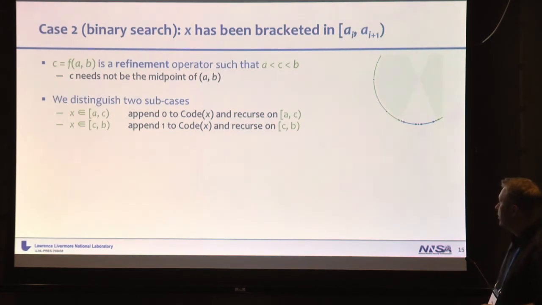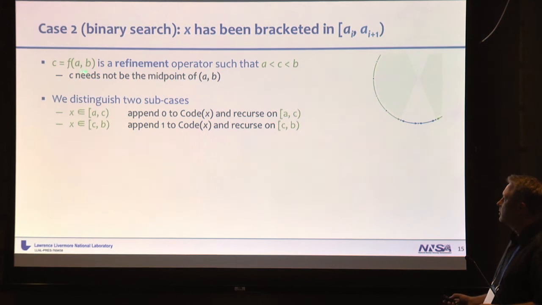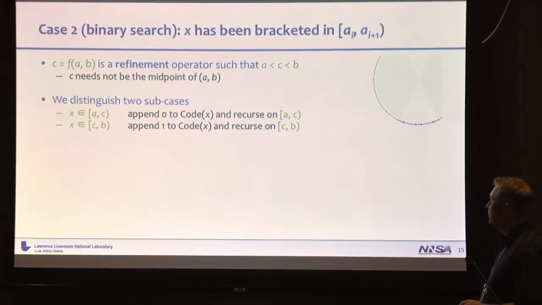In the second case, where we're in this green region, we have a refinement operator that takes 2 numbers, a and b, and spits out a new number, c, that is somewhere between a and b. That's the point where we decide whether the number is below that point or above that point. This essentially corresponds to the binary search that you all already knew how to do. If x is in the lower half of this interval, then we append a 0 bit.